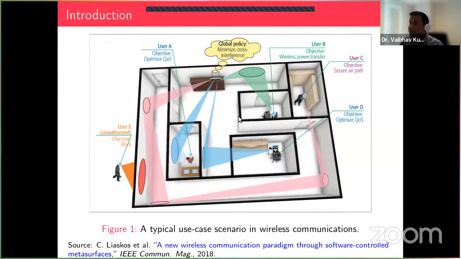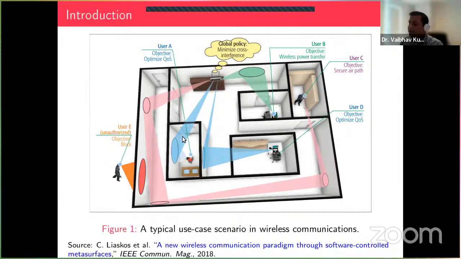If you consider these blue beams, user A and user D have an objective, and that is just to optimize their quality of service. So maybe to have the best SNR, best SINR, or high data rate, or low error probability, or whatever sort of thing. So what happens is this router will create a path.